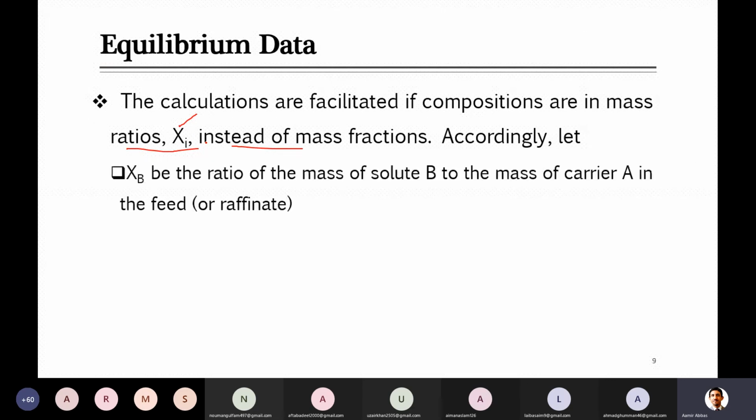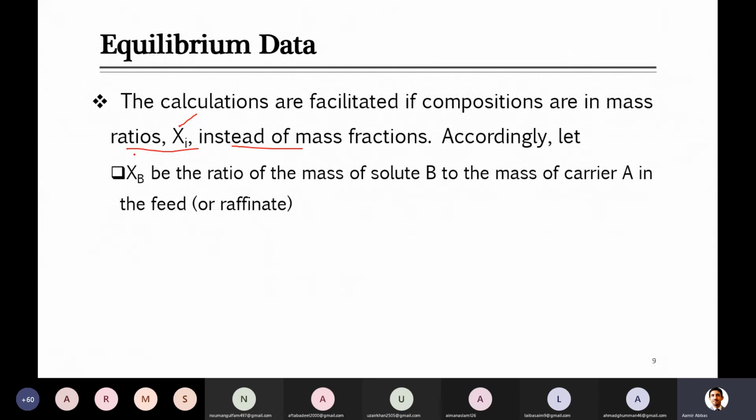So for example, if we say XB, B was the solute, let's say XB represents the ratio of mass of solute B to the mass of carrier A. Initially, when B is part of that stream from where it is entering the system, if we take XB of the feed, it means in the feed stream the ratio of mass of solute B to the mass of carrier A. Similarly, you can write it for the raffinate, because B also still remains as some part along with A in the raffinate.